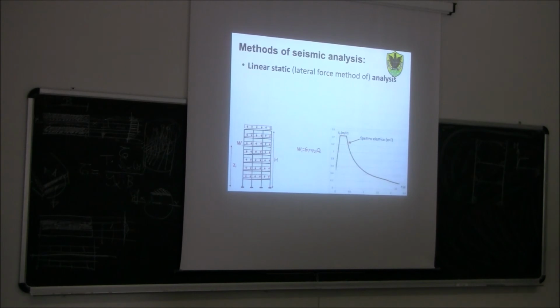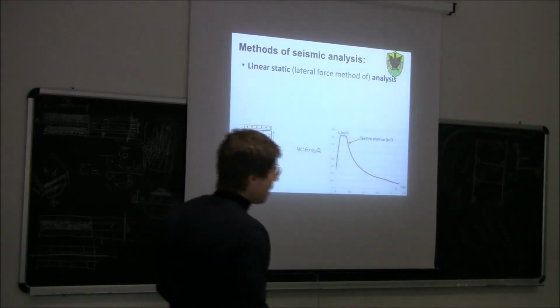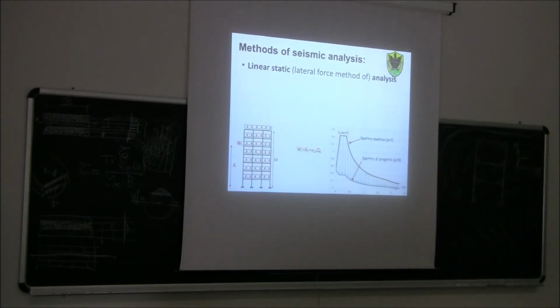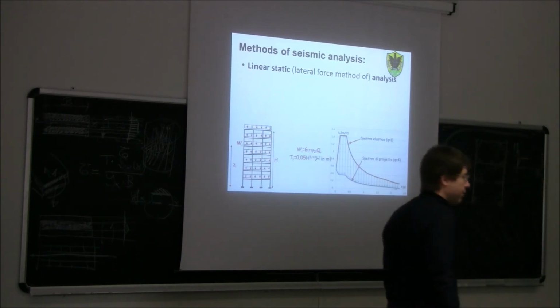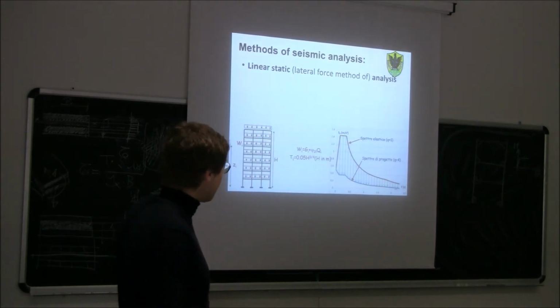Then we derive the elastic spectrum, which depends, of course, on the seismicity of the area, on the subsoil, and so on. And then we move from the elastic spectrum to the design spectrum by making some assumption on the dissipative properties of our structure, and so on the assumption of a certain value of the behavior factor q. Then we estimate the first vibration period of our building, for example, using this semi-empirical formula here.